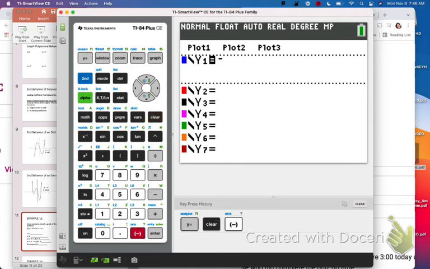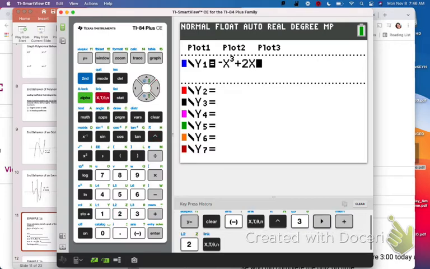Make sure this is the negative button and not the subtraction button. Negative x to the third plus 2x squared plus x plus 1.